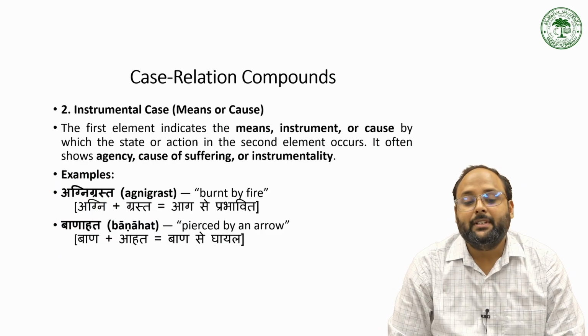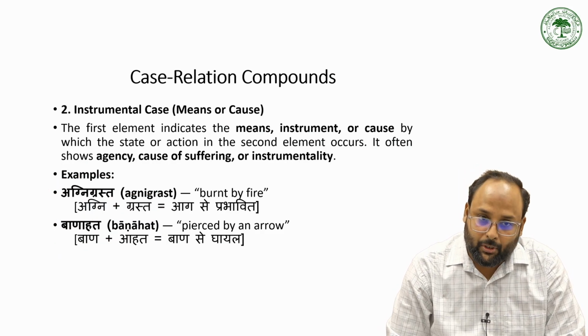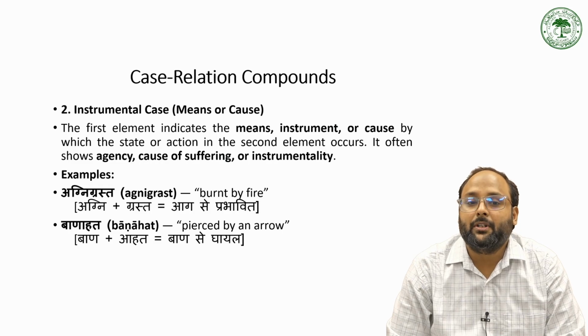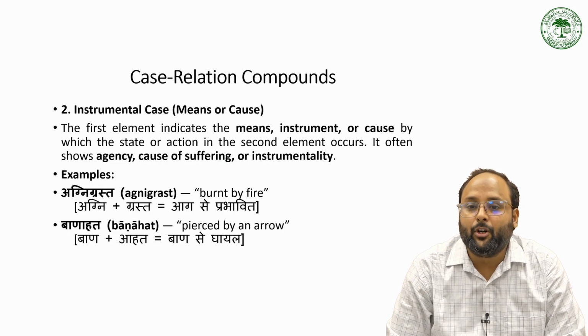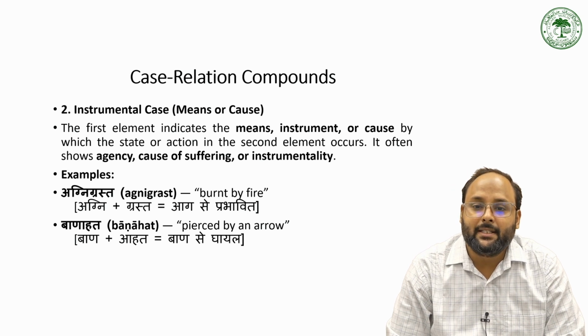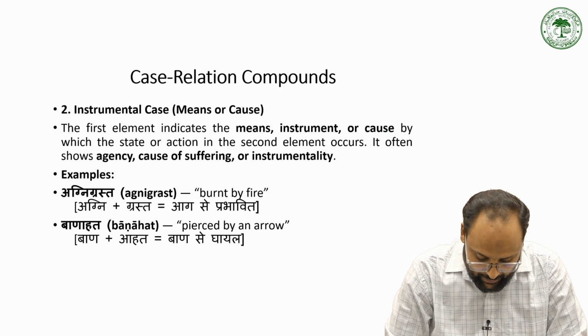The second one is the instrumental case compound. In the instrumental case compound, the first element indicates the means, instrument or cause by which the state or action in the second element occurs. It often shows agency, causing of suffering or instrumentality.